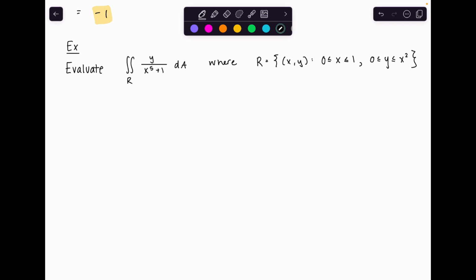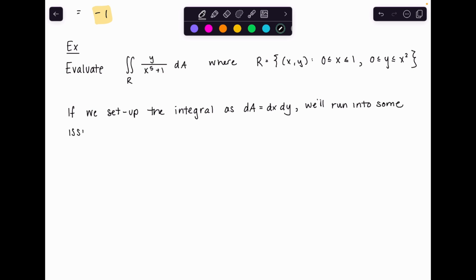So let's try to summarize this. If we set up the integral as dA equaling integrating with respect to x first, we'll run into a lot of issues, since the integral of y over x to the fifth plus 1 dx is complicated.